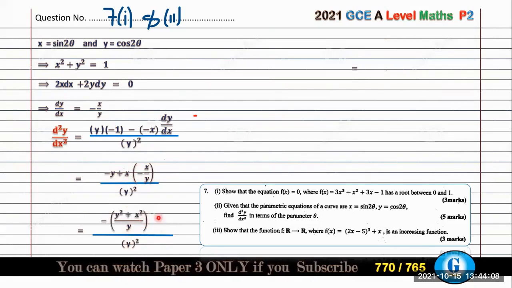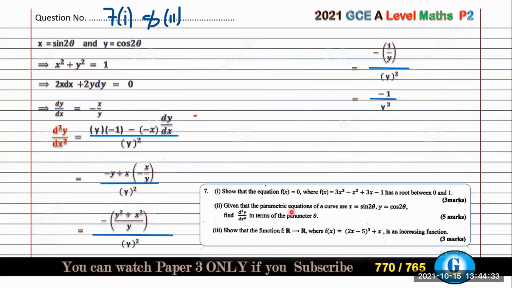So this can be further simplified to give us minus 1 on y for the numerator, because we know that x squared plus y squared is equal to 1, from this first line here. So we can replace this with 1. We have minus 1 on y squared, and this gives us minus 1 on y cubed.